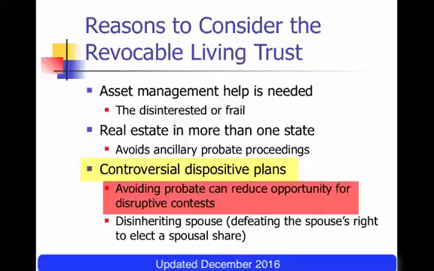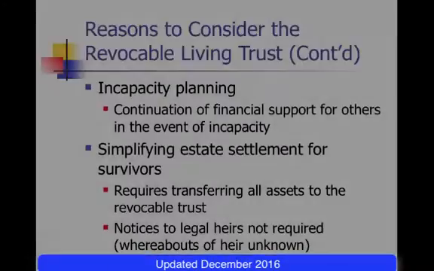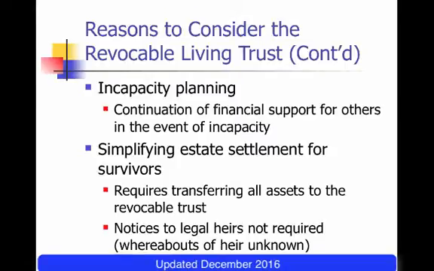So if your planning is done through a revocable living trust, it's much less likely that unhappy family members, unhappy heirs, would attempt frivolous claims. It's much easier to pursue a frivolous claim in the probate court than it would be to start a lawsuit in the superior court.